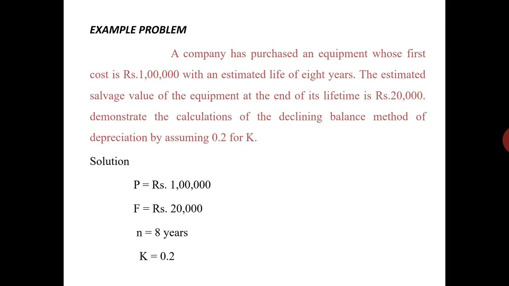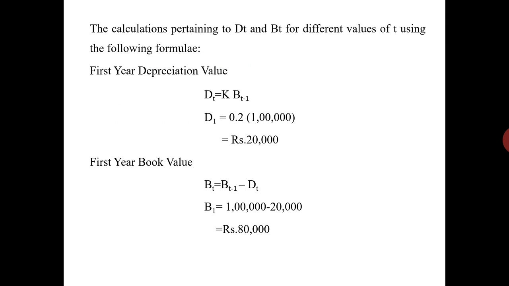Solution. The initial cost of the equipment, capital P, equals rupees 1 lakh. The salvage value equals rupees 20,000. The life of the equipment N equals 8 years. Fixed percentage K equals 0.2, that is 20%. Here we are going to solve the first year depreciation value and book value.